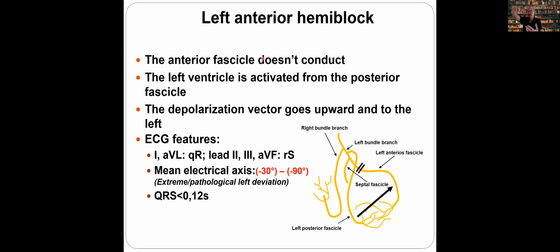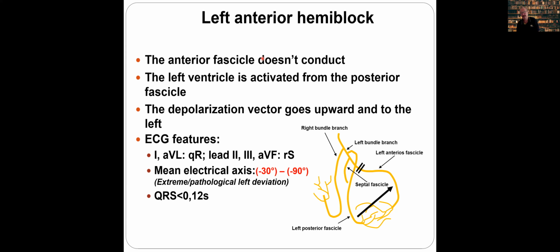Now, the heart is placed in your chest. Basically, you can hug your heart. So the heart goes from the right to the left, and up and down and back to the front. If you hug your heart, everything that goes on the anterior is the left anterior fascicle, this is how it's running, and the posterior is running from the right to the left.